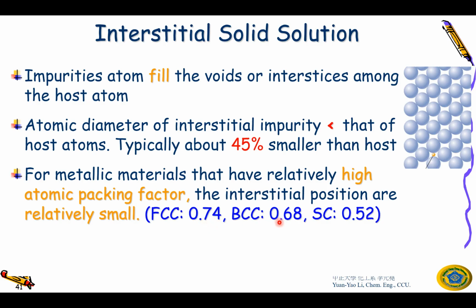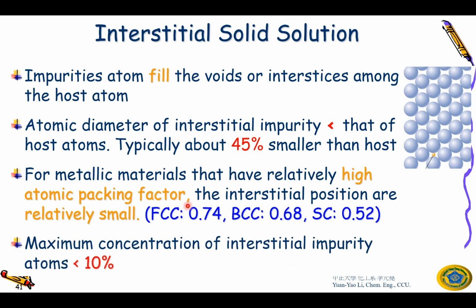BCC will be 32%. The simple cubic structure will be 48%, right? However, even though you have 48%, normally the maximum concentration of the interstitial impurity is less than 10%.